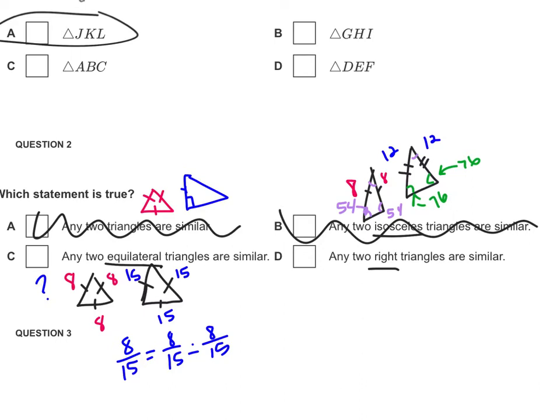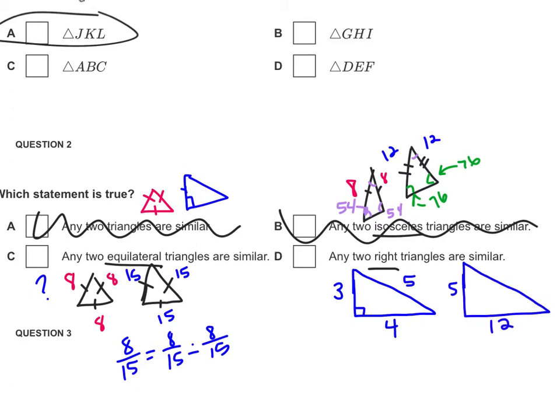All right, if we have two right triangles, here we have a 3, 4, 5 triangle, and then here we might have a 5, 12, 13 triangle. So these are both special right triangles. They are numerically accurate. They have our 90-degree angles included, so we might think, okay, side-angle-side. Well, let's compare. In order to have side-angle-side similarity, we have to have proportional sides.